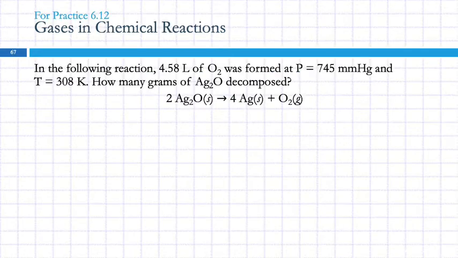So here's an example. In the following reaction, 4.58 liters of oxygen was formed at P equals 745 millimeters of mercury and T equals 308 K. How many grams of Ag2O decomposed? So, as usual, let's go through and highlight, literally, the numbers.